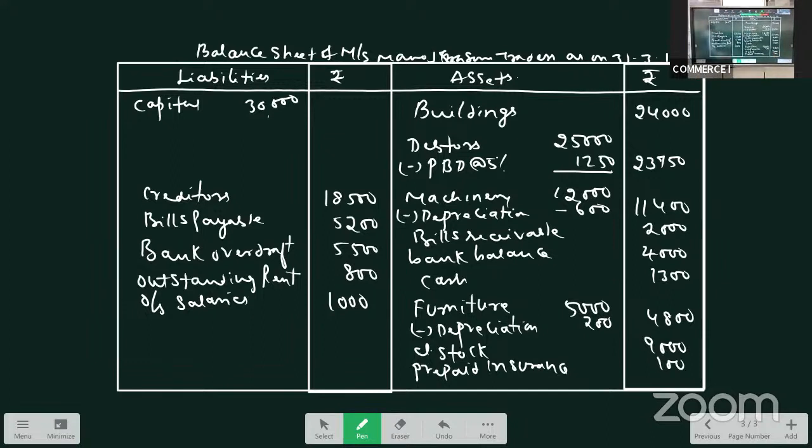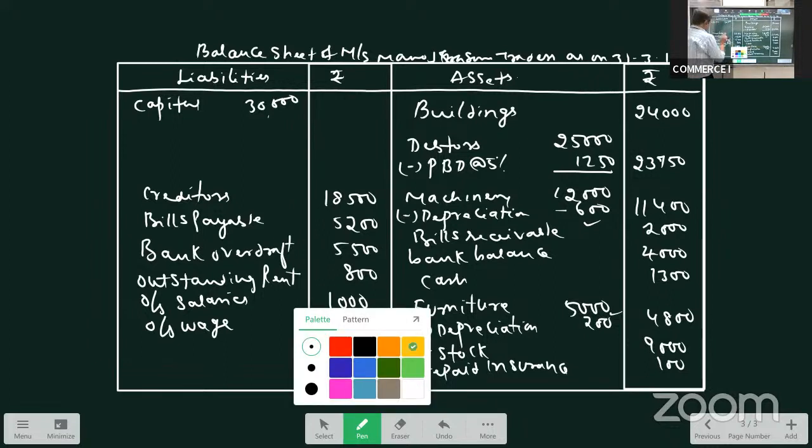Then depreciation on furniture 200, machinery 600. We have already taken that. Then outstanding wages 1,200 is also a liability. So now we have taken all the adjustment entries also. Then what is left? One thing is left, no? What is that?